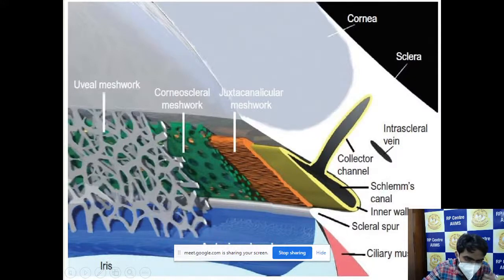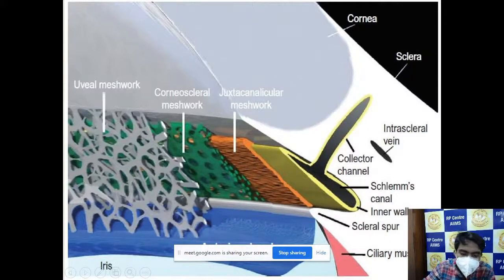So the uveal meshwork has larger pores, with a pore size of 25 to 70 microns. These are the larger pores where active aqueous filtration doesn't take place. In the corneoscleral meshwork the pores decrease in size compared to uveal meshwork; these are 5 to 50 microns in size.